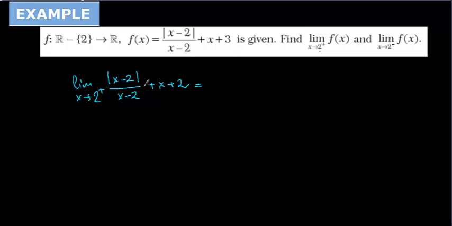And instead of 2 plus, I'm going to use 2 plus h in the equation. 2 plus h minus 2 over 2 plus h minus 2, plus. Here the important part, we are going to use this 2 plus h for the special functions.